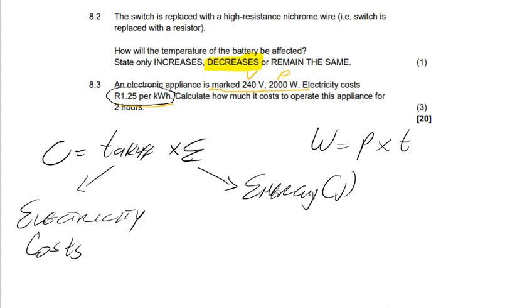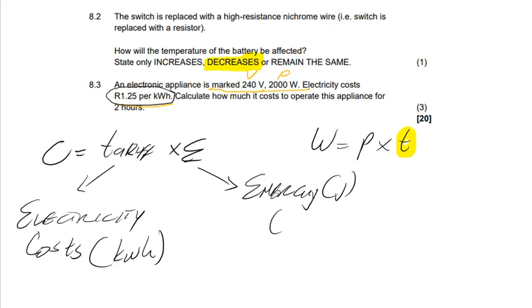So look at this. They gave you time and then they gave you power. Your given time is 2 hours. Then what is power? The given power of 2000 watts. Your energy cost is in kilowatts per hour, meaning your energy as well must be in kilo.